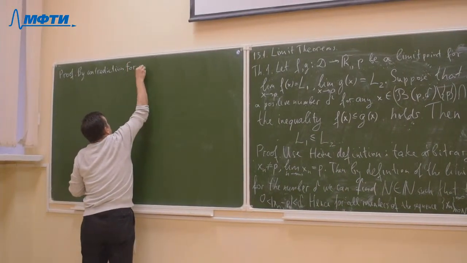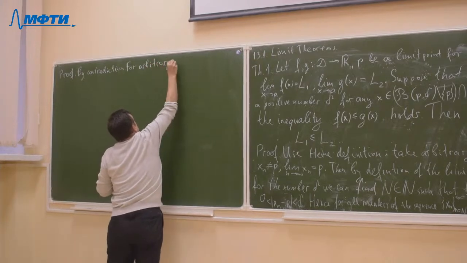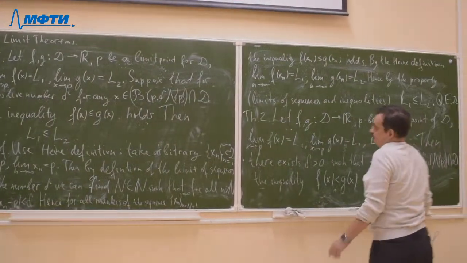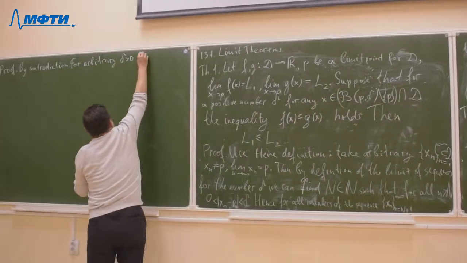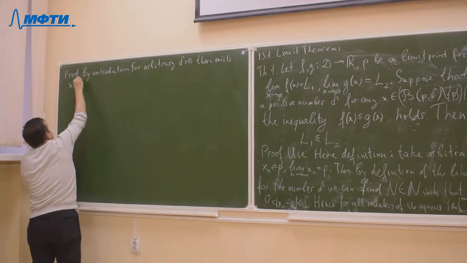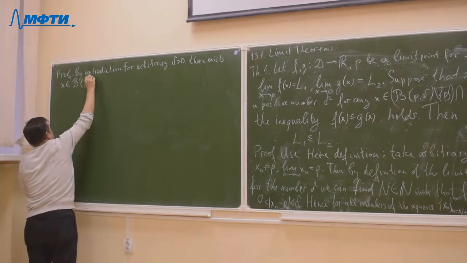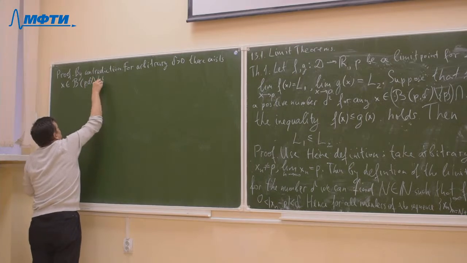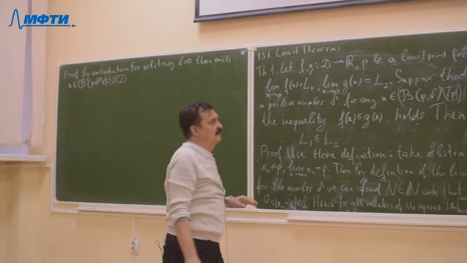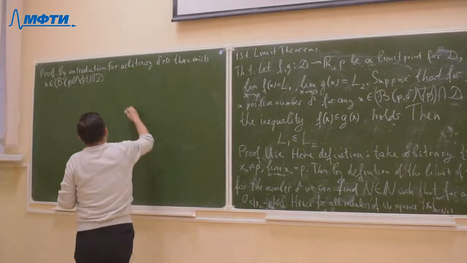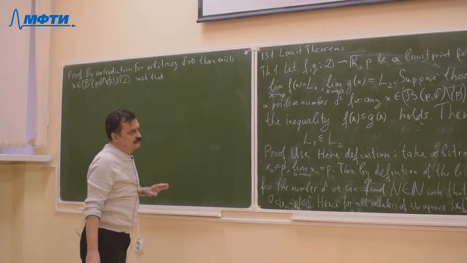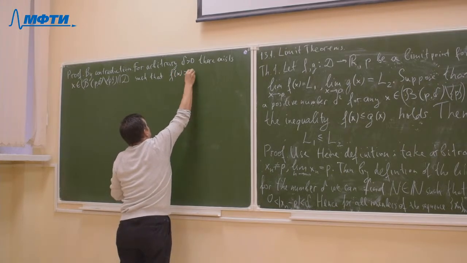For arbitrary delta positive, there exists x in this set, punctured neighborhood intersected with D, such that the opposite inequality is true, so f of x greater or equal than g of x.